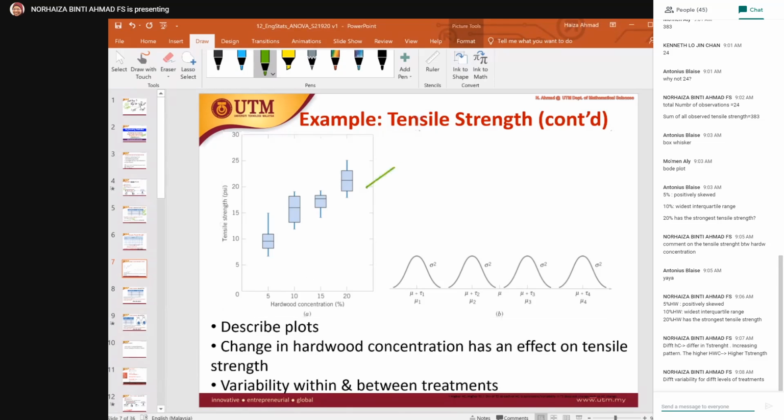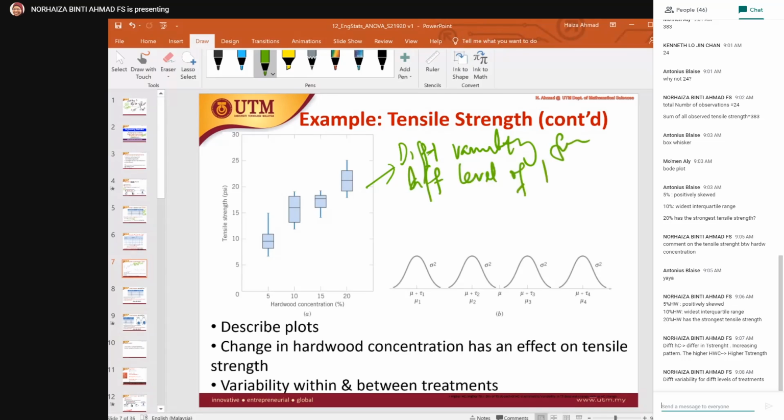Yes, you got different variability for different levels of treatment. This is for between treatment, so there is different variability between levels of treatment. That means they are different.